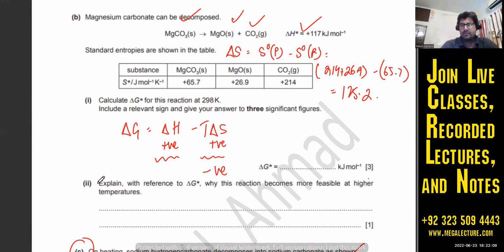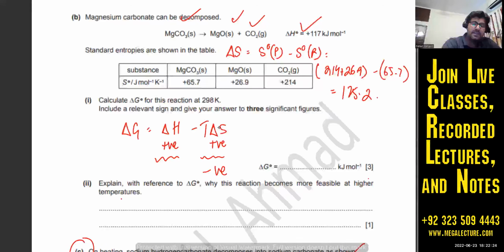I'm talking about part 2 at the moment. Explain with reference to delta G why this reaction becomes more feasible at higher temperatures. If you take a higher temperature, what happens to the negative side? It actually becomes more negative, right?